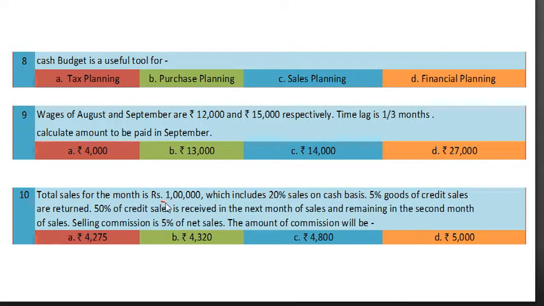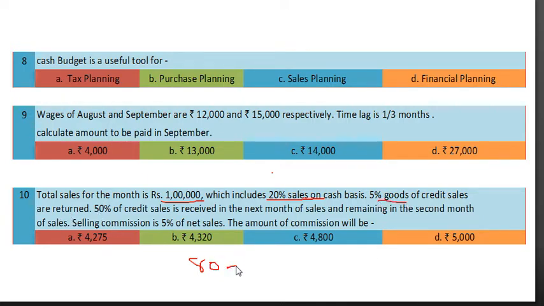Here our total sale is 1 lakh, of which 20% is cash. It means remaining 80%, that is 80,000, is our credit sales, of which 5% are returned.